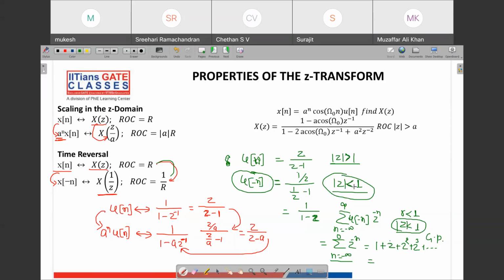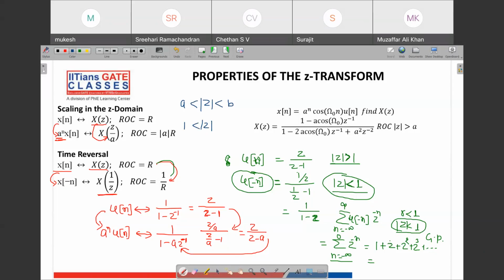Sir, for a both-sided signal, we generally get a ring kind of ROC. So in that case, does the inequality also change, and the value of the roots also change? In that kind of case, if you have a both-sided signal and you are changing the sign, let's say you have an ROC of greater than some number A and less than some number B. Now you are changing the sign, and your ROC gets reversed.